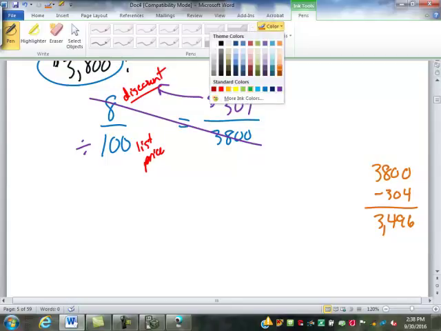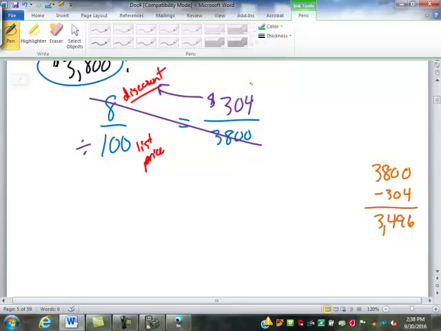This type of problem occurs often enough where we need to look for some mechanisms to help us solve it. This is what we call a percent decrease problem. By percent decrease, I mean we're starting out with a whole amount and we're removing a certain percent of it.